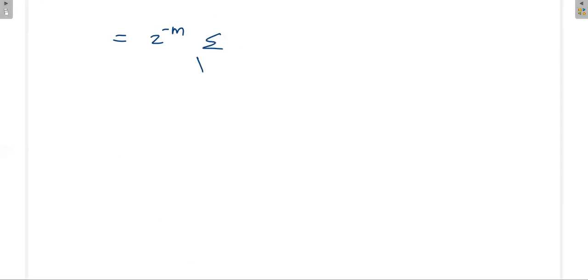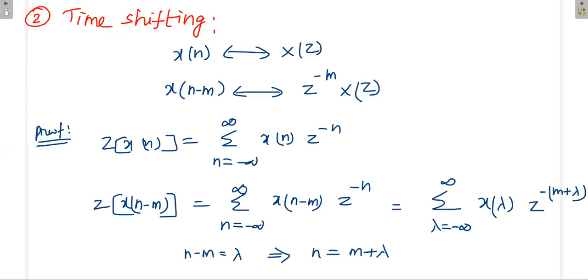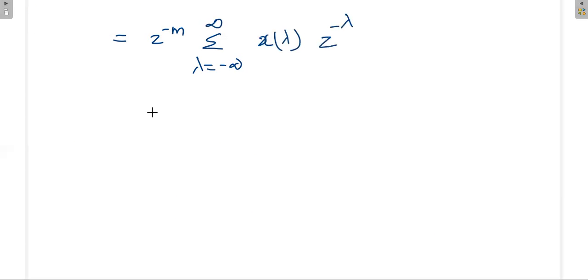So if we proceed further, z power minus m summation lambda from minus infinity to plus infinity x of lambda z power minus lambda. Again if you concentrate on this summation, everything is with respect to lambda. So just now I can replace lambda with n.